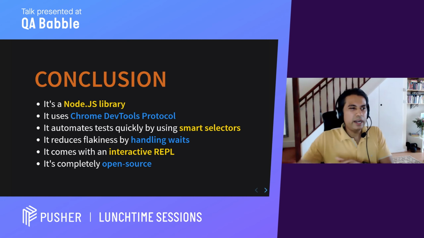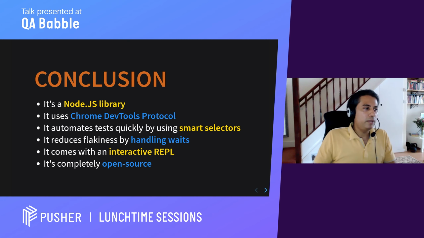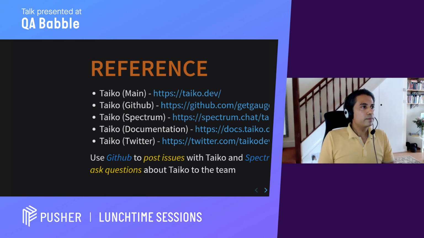So I can actually interactively see what's happening with what I'm typing. And it's completely open source. So Thoughtworks have been involved in a lot of open source projects. So this is another open source project. And yeah, it's quite good. The documentation is quite comprehensive, and you have good support in the team.